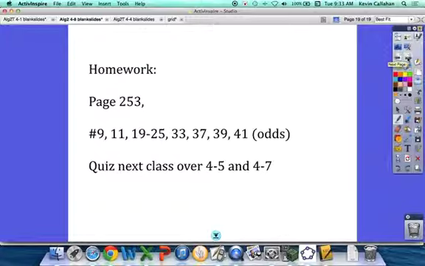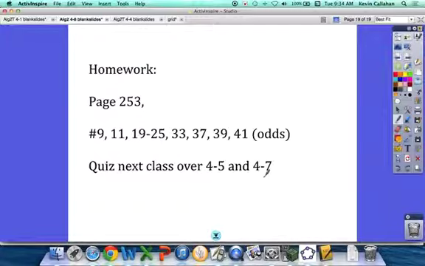So next class, here's the homework. And the quiz next class is over 4-5, which was solving equations, and at that time, really, it's going to be solving equations by factoring. And 4-7 was the quadratic formula. So it'll be solve equations by factoring and quadratic formula.